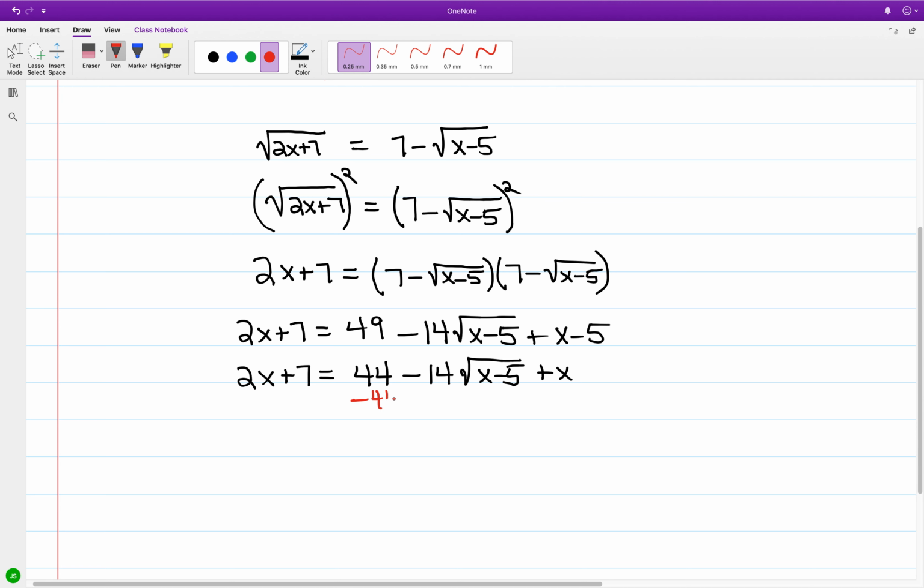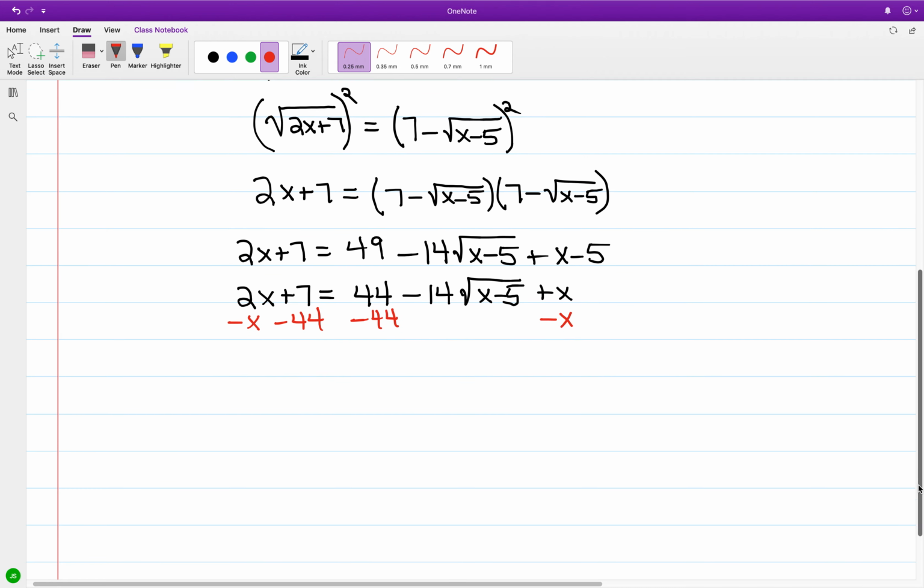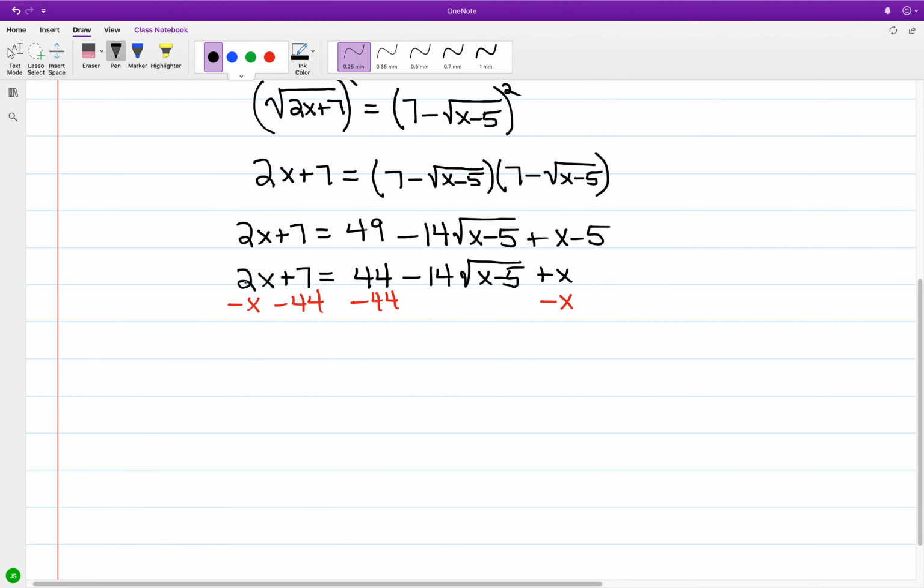So we're going to move the 44 and the x over by subtracting on both sides. So this time around, 2x minus x becomes x. 7 minus 44 is negative 37. And we have is equal to negative 14 times the square root of x minus 5.